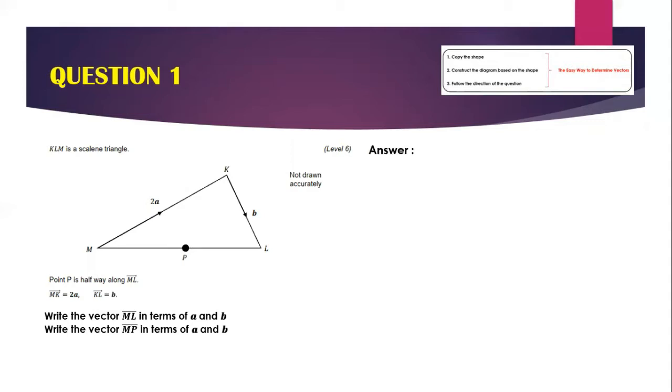Okay students, we're going to answer the question. As I mentioned before, you have to follow 3 steps or 3 tricks to determine the factor based on the diagram. There are 3 tricks to determine factors based on the diagram.